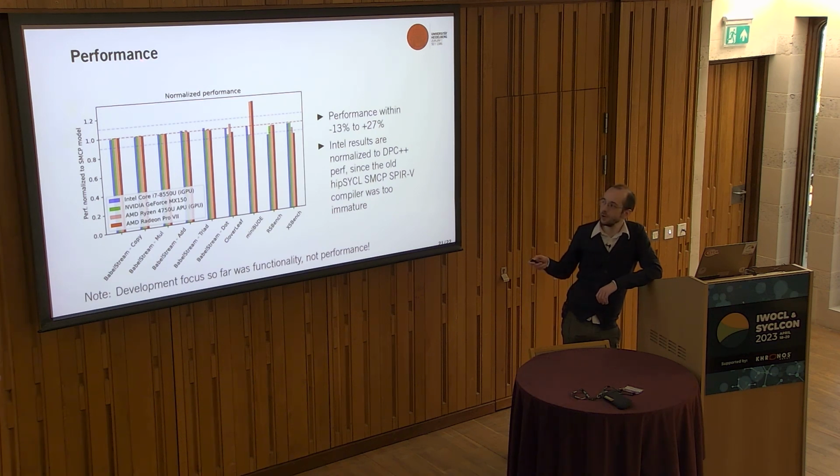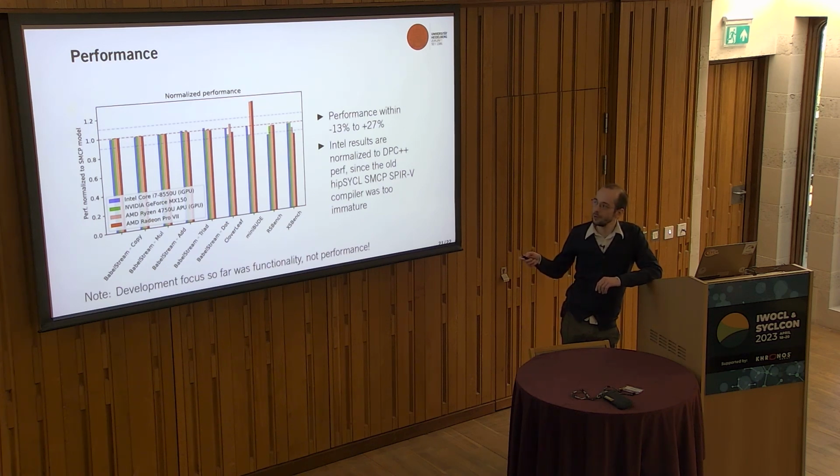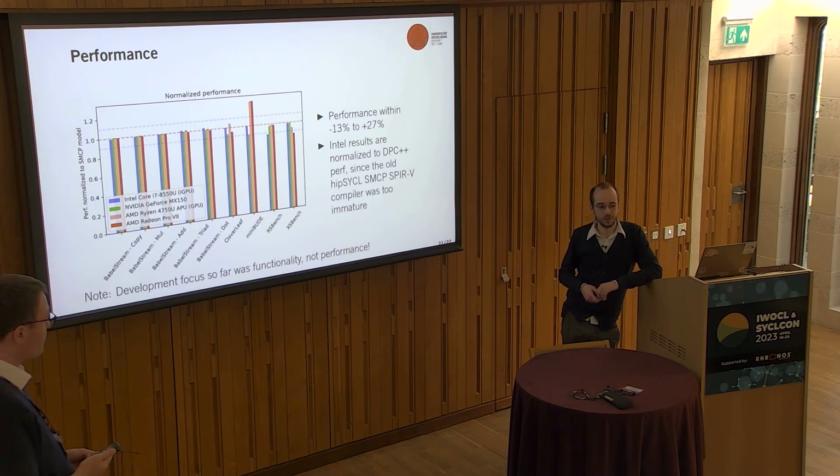But at this point when we run the code, we know which hardware we want to transform our generic code into something optimized for, right? So when we run, say, a mini-app on a Radeon GPU, we know when the code starts, okay, we're going to target the Radeon GPU, and then we are optimizing the embedded code for that particular hardware. And the reason I think there can be such differences is because the compiler flow is quite different compared to the SMCP case.